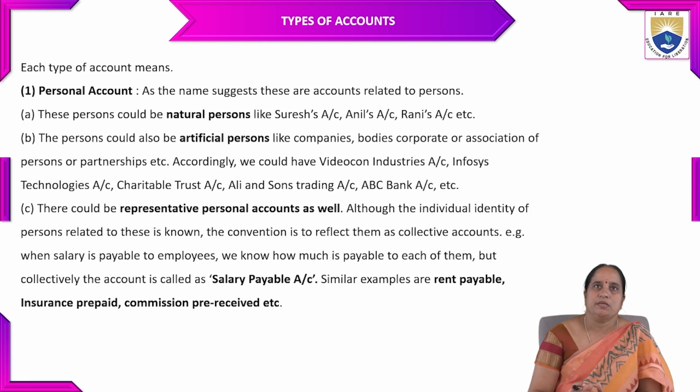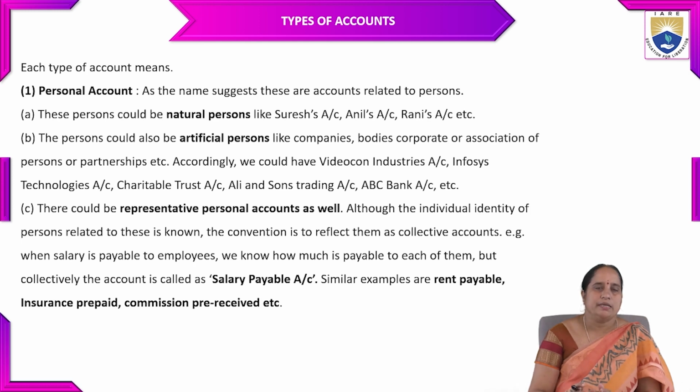The persons could be natural persons, like the names of people: Suresh account, Anil account, Rani's account, etc. The persons could also be artificial persons like companies, bodies corporate, associations of persons or partnerships, etc. Accordingly, we could have Videocon Industries account, Infosys Technologies account, Charitable Trust account, Alliance Sons Trading account, ABC Bank account, etc. And these could be representative personal accounts as well.